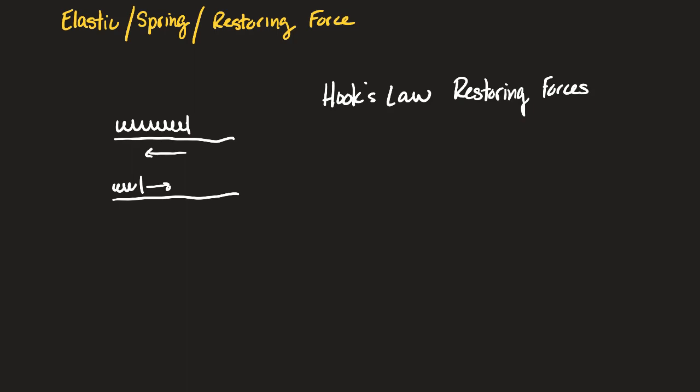So based on what I've drawn here on the side, consider that if we displaced the spring a distance x, the force from the spring would be proportional to x. That's Hooke's law.